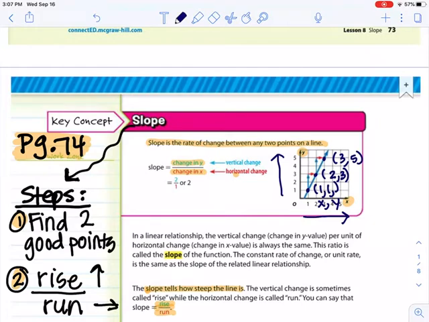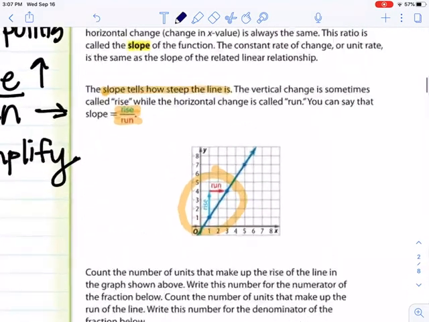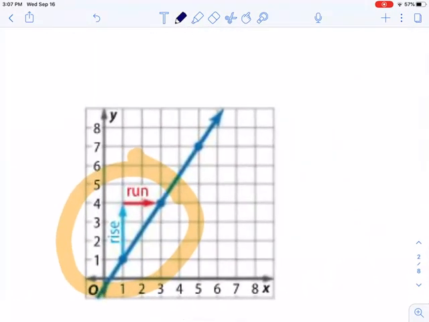So good points are points that, here, let me show you. I'm just going to draw right here. A good point is a point that crosses exactly like this on your coordinate plane. If it's like this, that's not good. Or if it's like this, that's not good because we don't know what it is. You want it right here so that you know exactly where it crosses and you know the point.